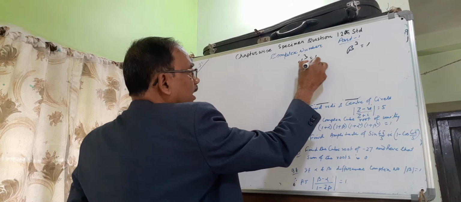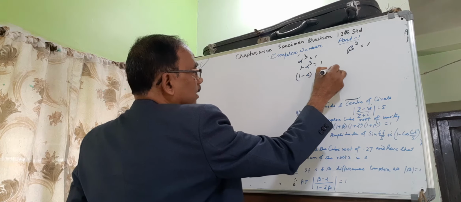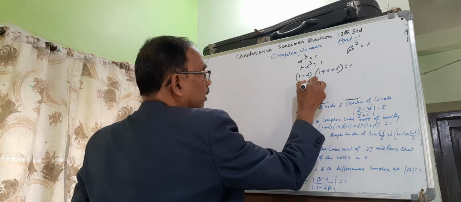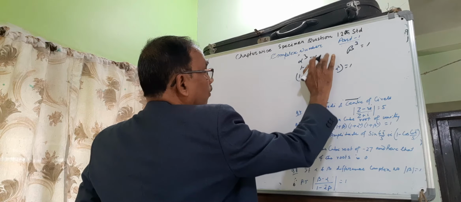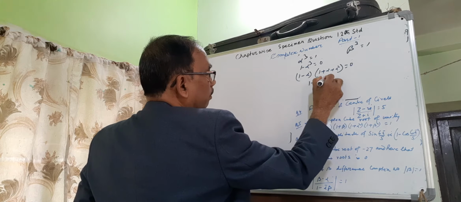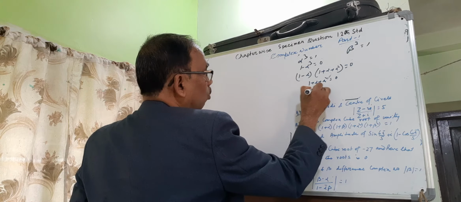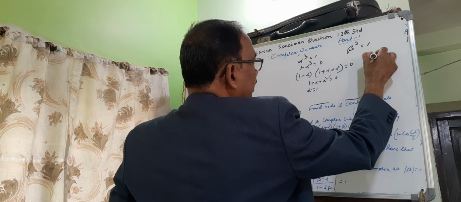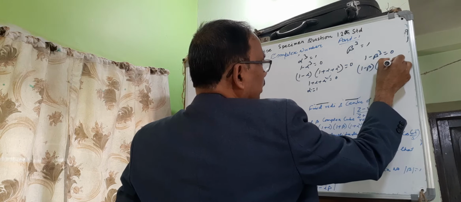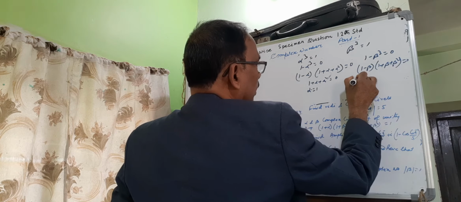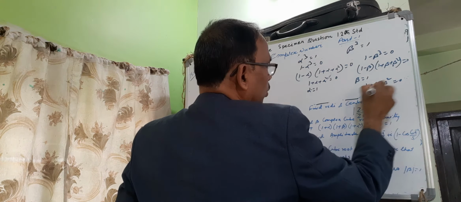That is, 1 minus alpha cube equals 0, so (1 minus alpha)(1 plus alpha plus alpha square) is 0. Here alpha is not 1, so 1 plus alpha plus alpha square equals 0. Similarly, 1 minus beta cube equals 0, so (1 minus beta)(1 plus beta plus beta square) is 0. Beta is not 1, and 1 plus beta plus beta square equals 0.